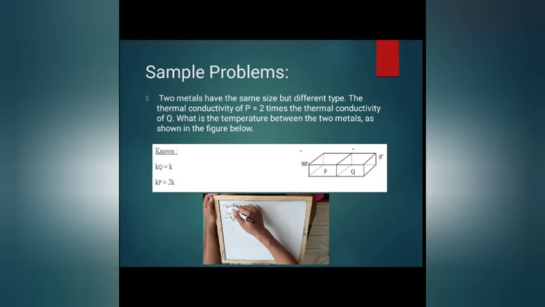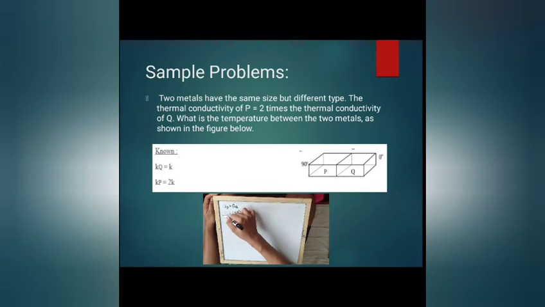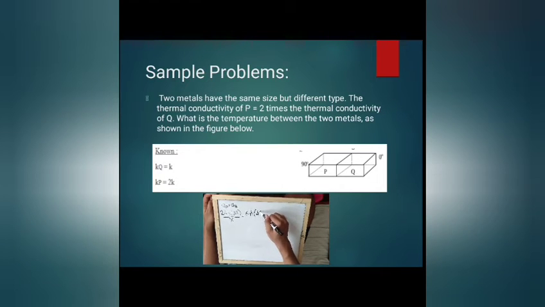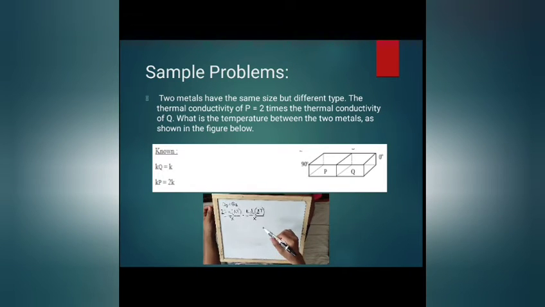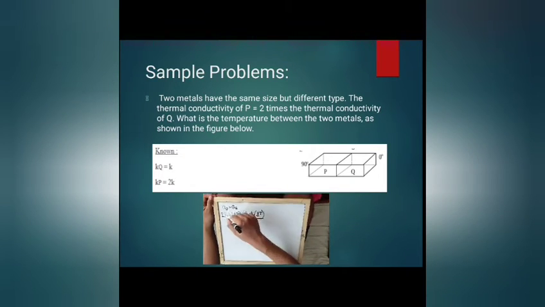As given in the figure, the thermal conductivity of P is twice the thermal conductivity of Q, so we'll put 2 here. We'll put the same here, which is the thermal conductivity times area times the temperature difference over the thickness. Both plates have the same size, so we can cancel out the area and the thickness.